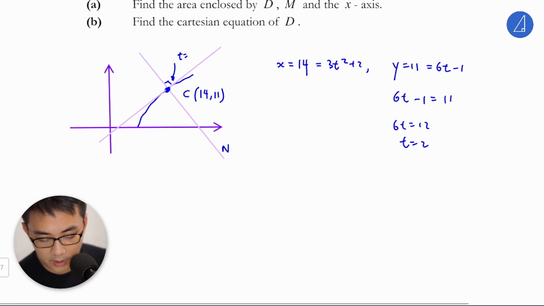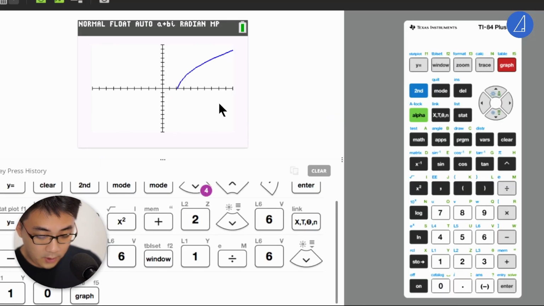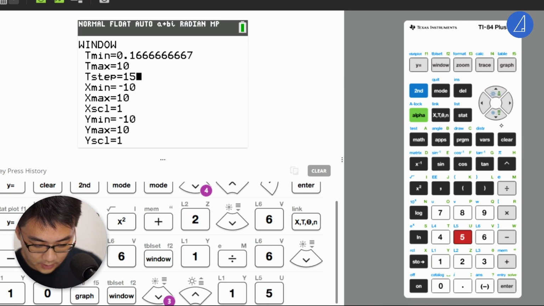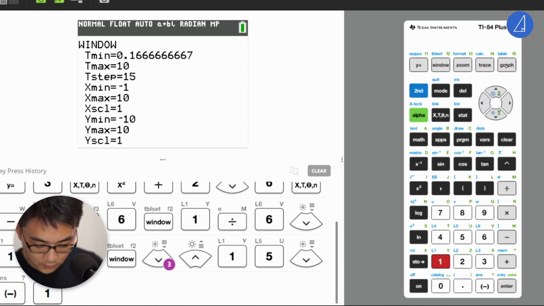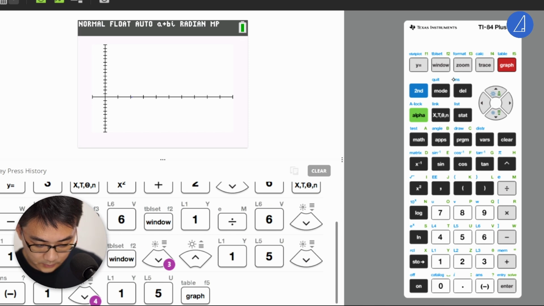Always check your graph. So in the window settings, I'm going to put y min as maybe negative, y max as 15, and x min as negative 1. That will give us this graph here.